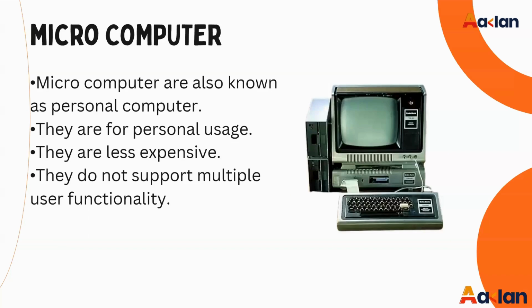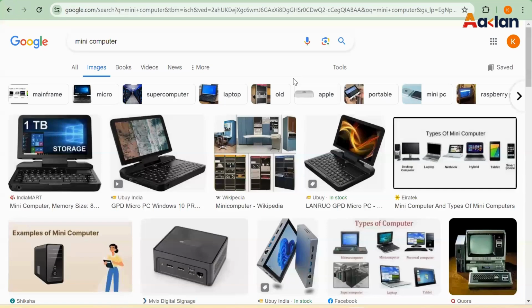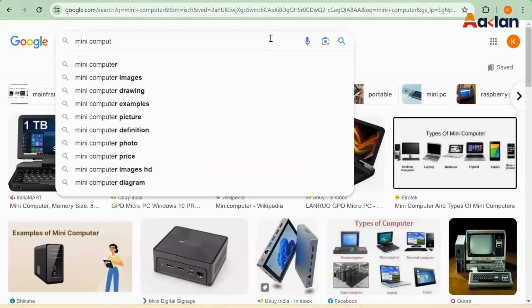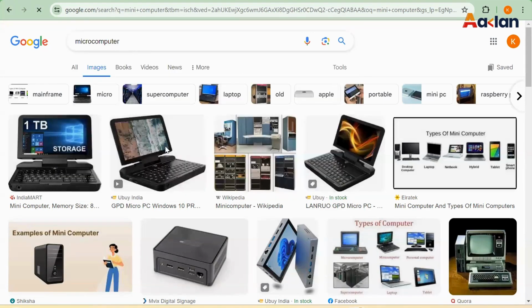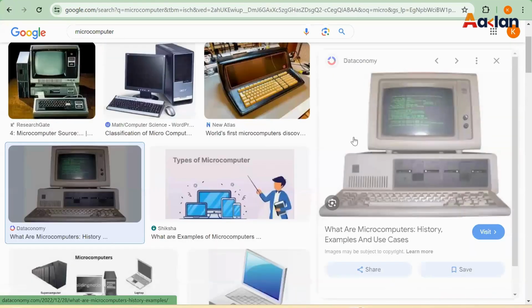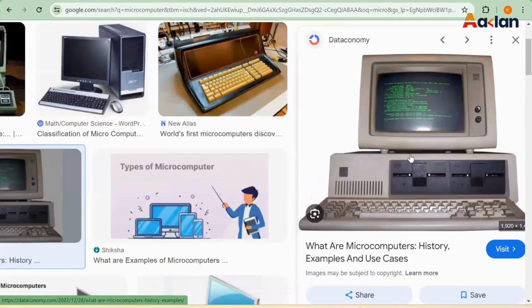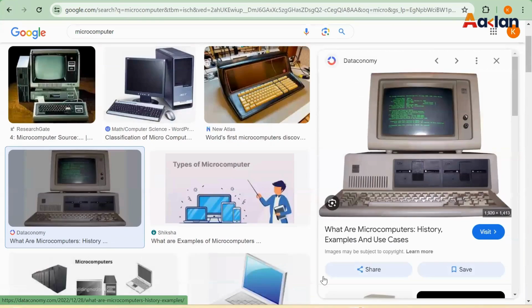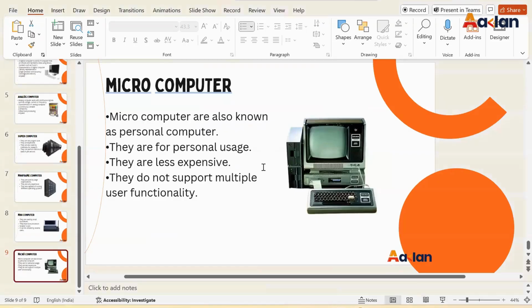And microcomputers are only for personal usage, right? They are less expensive also. Let's have a look at microcomputer. So microcomputer looks like that.